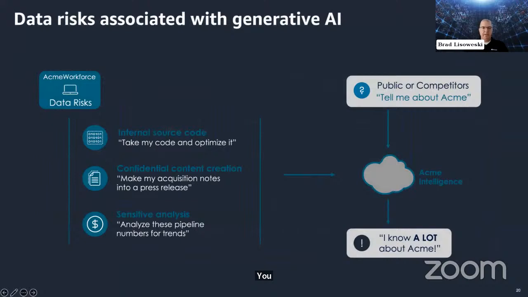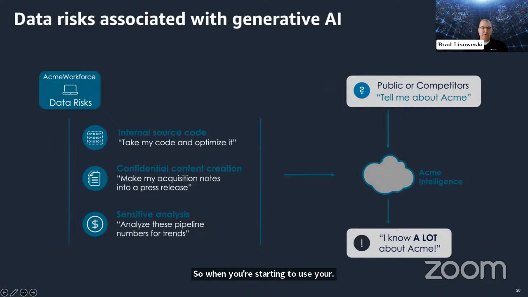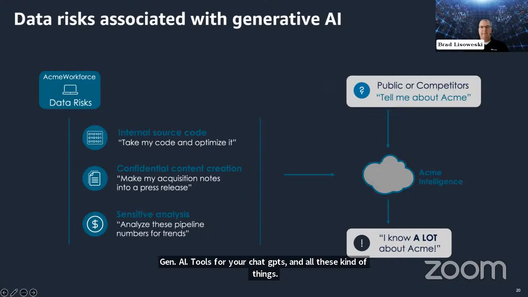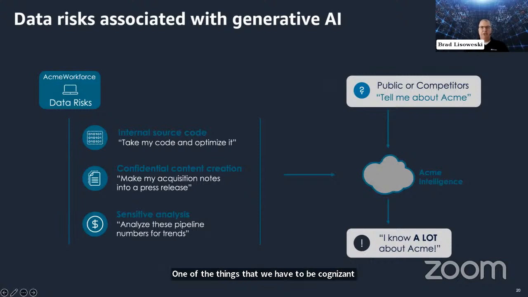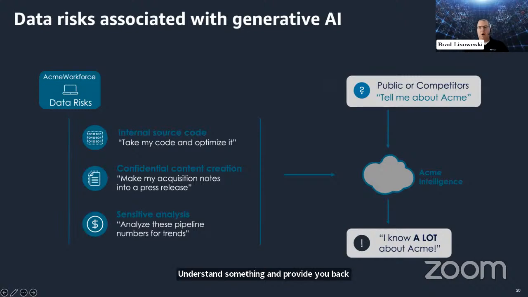When you're starting to use your Gen AI tools, your ChatGPTs and all these kinds of things, one of the things we have to be cognizant of is that when you put in any information, a question, or ask ChatGPT to go out and understand something and provide you back a summary, they're taking that and adding it to their model. They're using that to train their model.